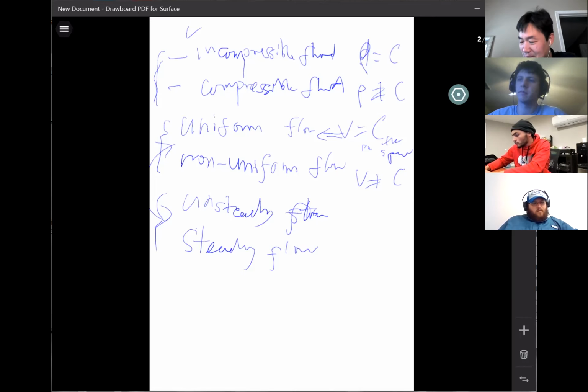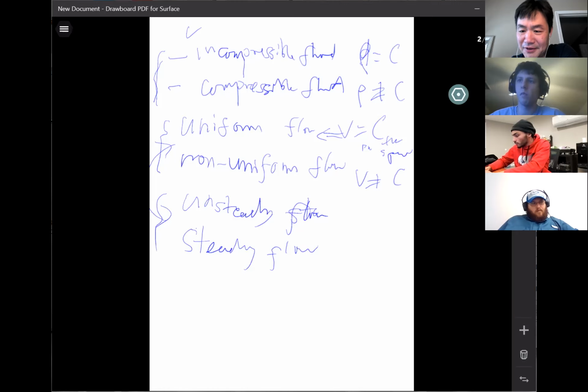Although they are all different, the reading always doesn't change with time. 8 o'clock, 9 o'clock, 2 o'clock in the afternoon, every sensor gets the same reading, although they are different from each other. So at every location it's steady state, although the whole thing is non-uniform. It's a non-uniform steady state flow.